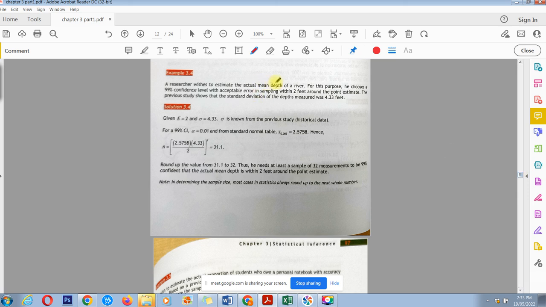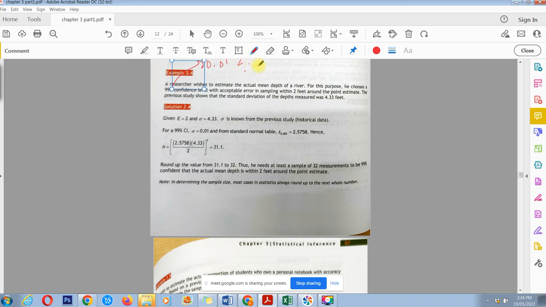We have an example here. A researcher wishes to estimate the actual mean depth of a river. For this purpose, he chose a 99% confidence interval. So 99% confidence interval means alpha is 0.01.